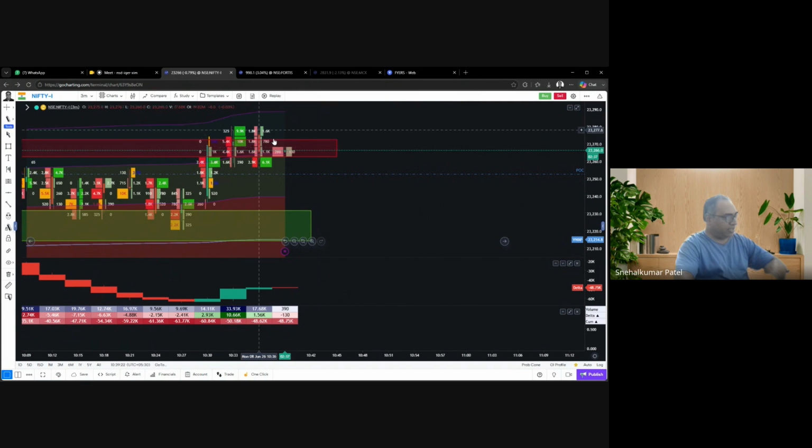In this candle, it is not there. The buying was at the bottom, not at the top.